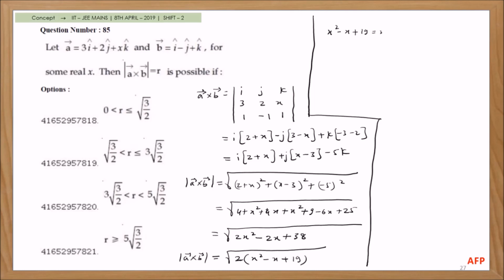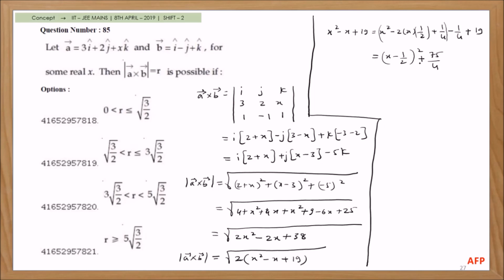We can write it as x square minus 2 into x into 1 by 2, plus 1 by 4, minus 1 by 4, plus 19. You can use the a minus b whole square formula: x minus 1 by 2 whole square, plus 76 minus 1, that is 75 by 4.